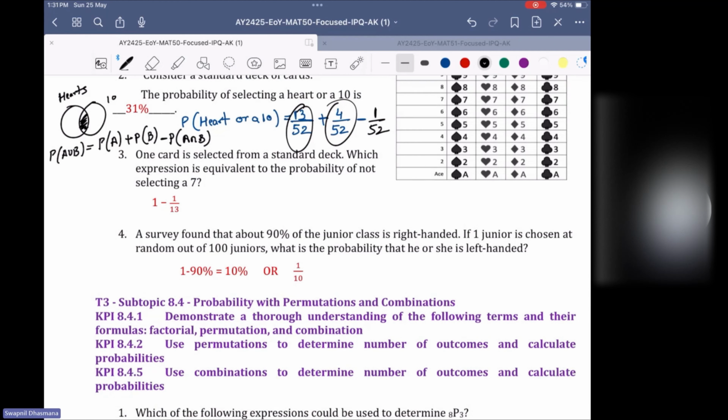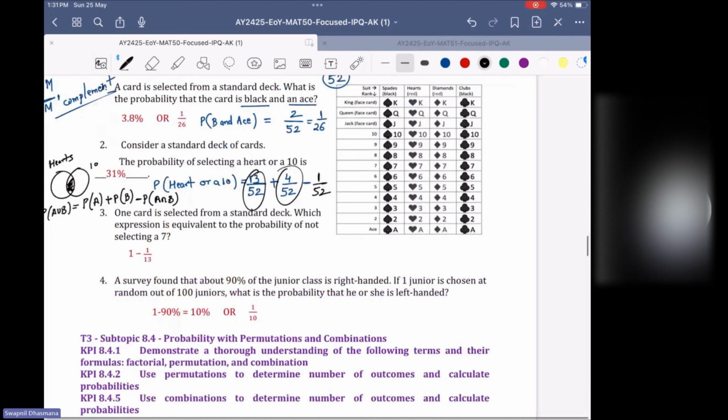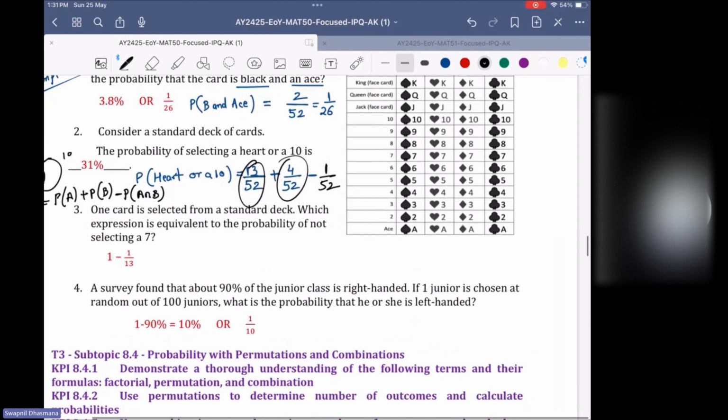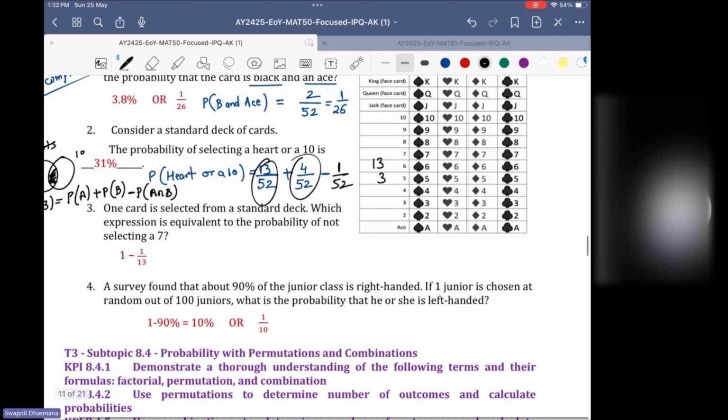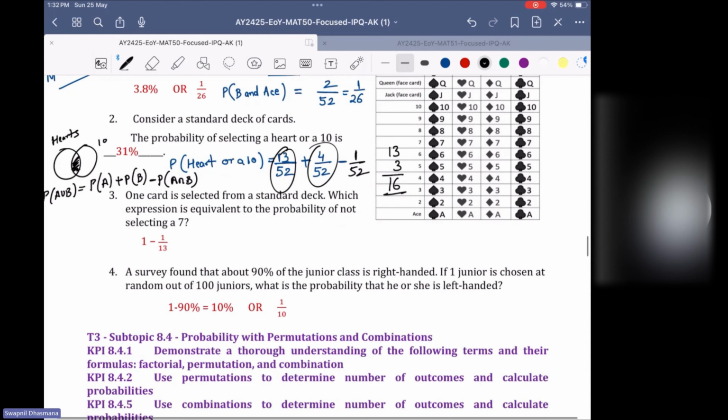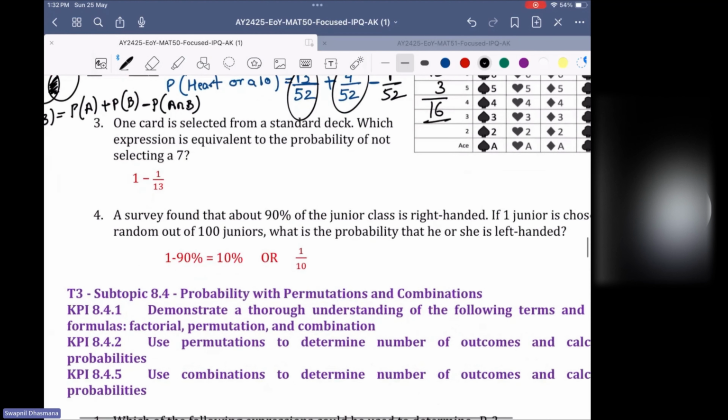So this is the rule of union. When something intersects, you subtract it once. So 13 hearts are there, plus three tens, which I have not counted yet because I counted the 10 of hearts. So total 16 out of 52. That would be your answer as well.